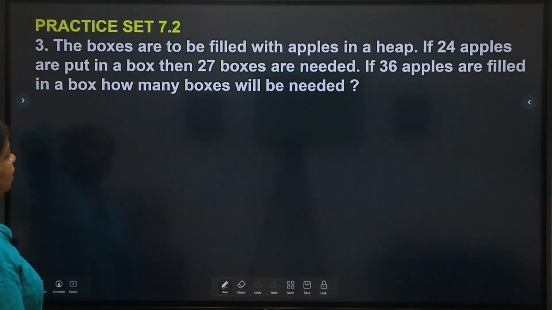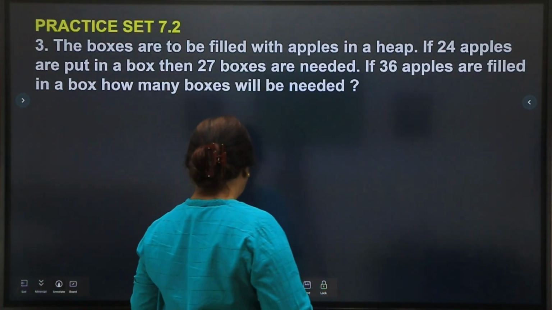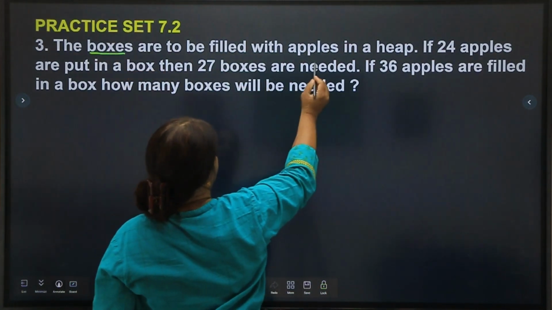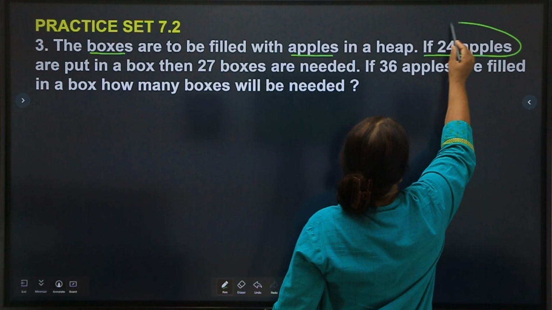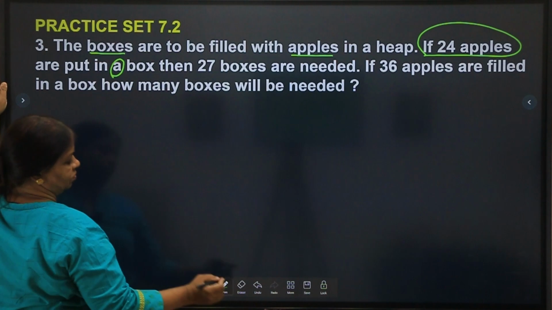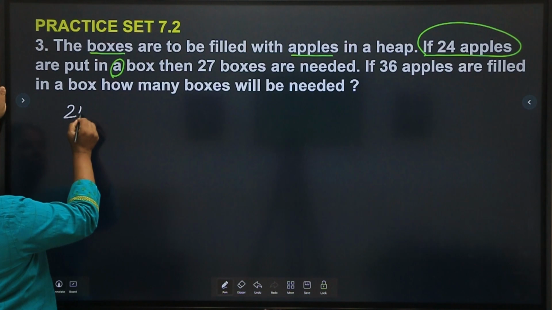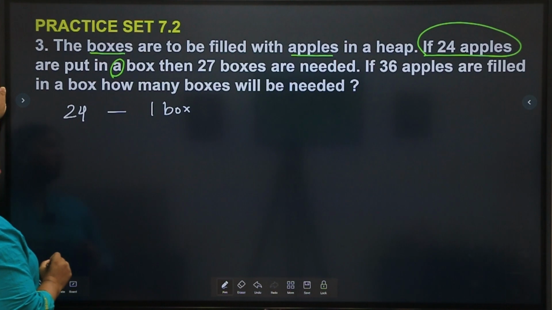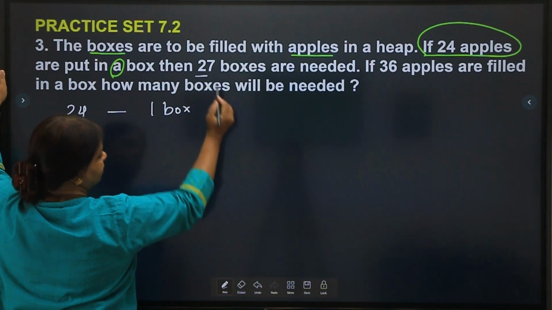Third question: the boxes are to be filled with apples in a heap. We have to fill the boxes with apples. If there are 24 apples in one box, meaning if you are filling 24 apples in one box, then the number of boxes needed will be 27.